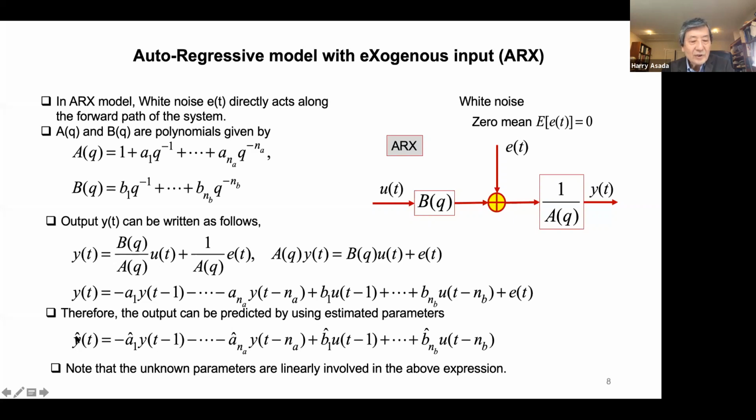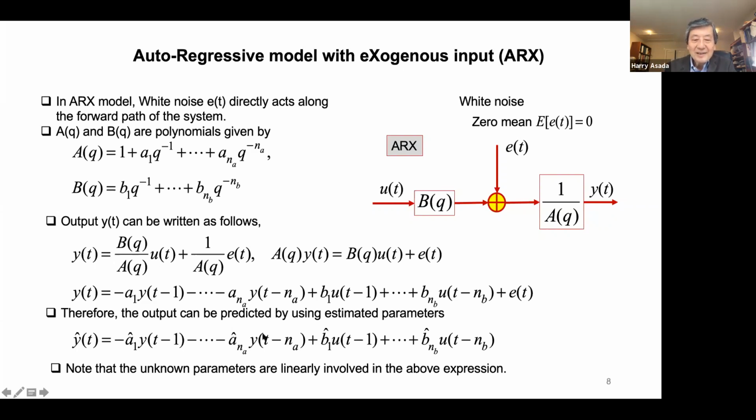Here, the hat means the prediction. And here, I just put the hat on each parameter, A1 to B_nb, because these are not the true ones but estimated ones, just to differentiate them. This is the true system, but this one is the predicted one. Also, you notice that E(t) disappears here because E(t) is totally unpredictable, so I just eliminated that, okay?